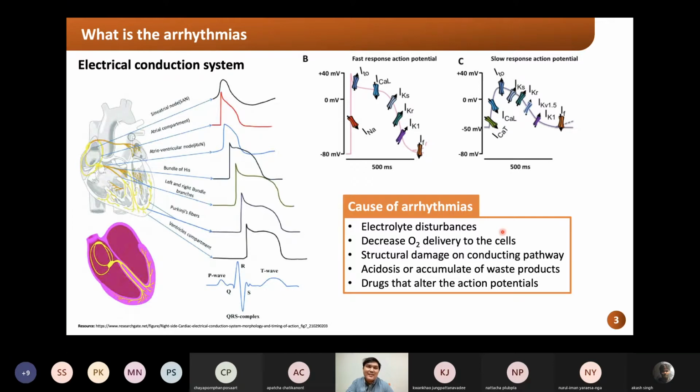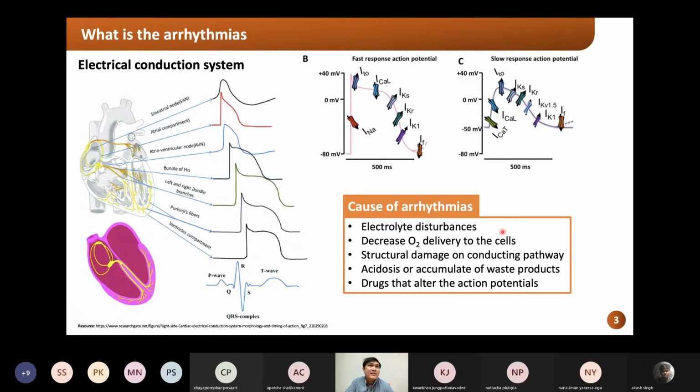Yeah, I get it a bit. But anyway, I'm not the expert on this. The other mentioned causes are quite understandable, but acidosis or accumulated waste products in cardiac cells like the myocardium, I never read about that in my previous lectures.